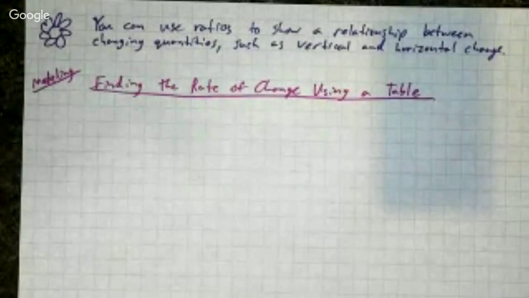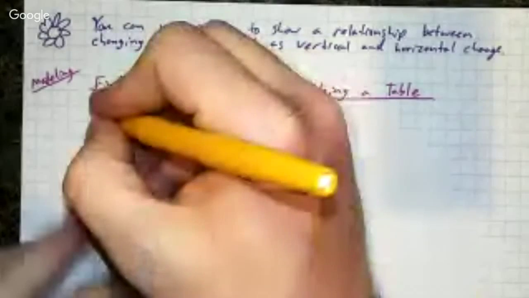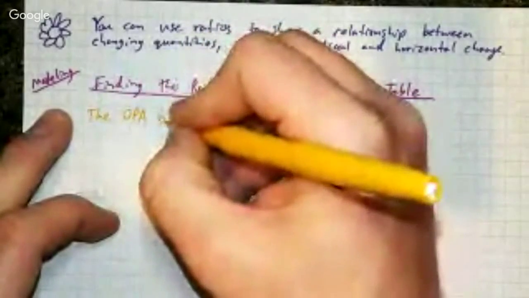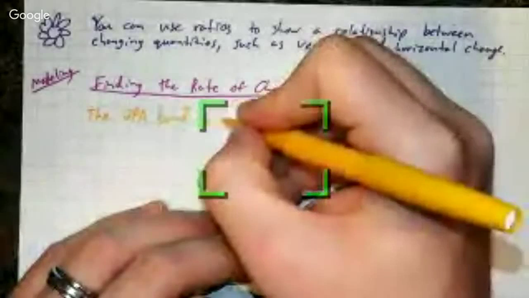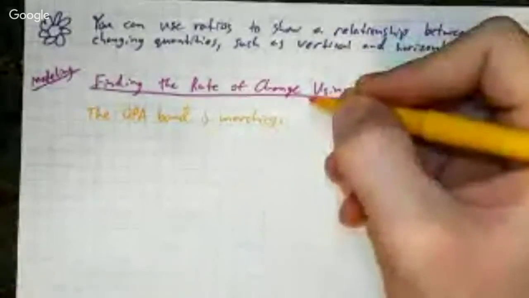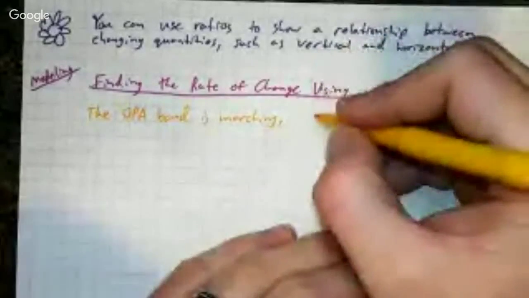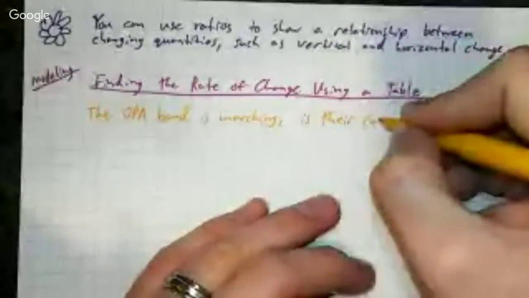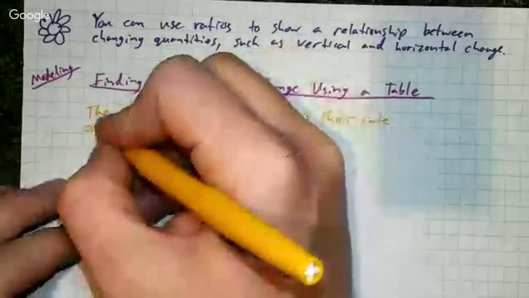And this problem could be that the upper band is marching. Sometimes I have those morning practices. The upper band is marching. Is their rate constant?